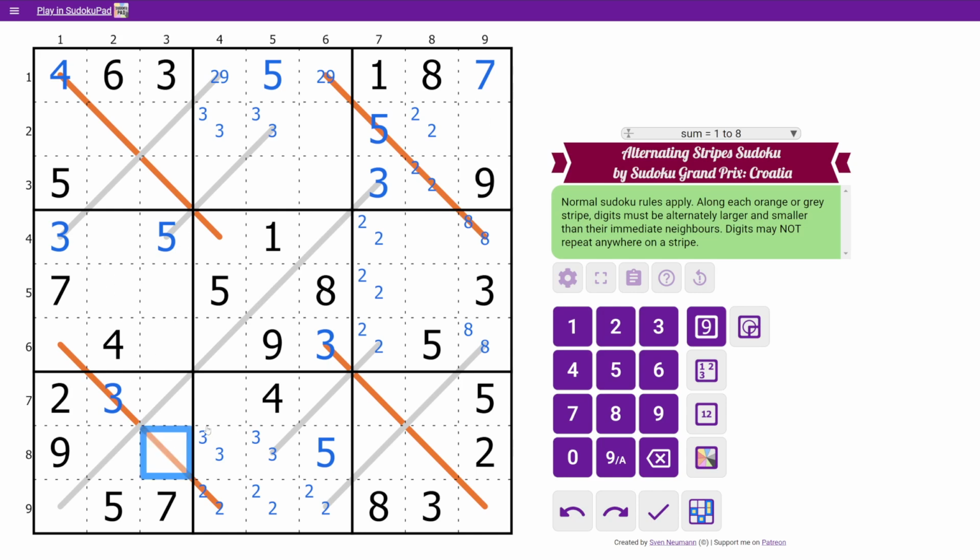4 has to go there. 4 now still goes there. So I think now, because, alright, so look. The 5 has lower numbers beside it, right?